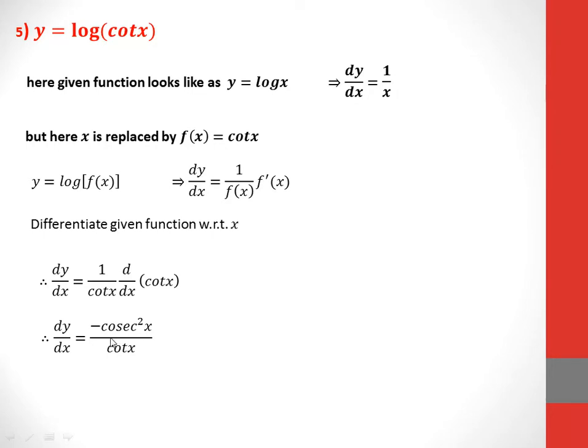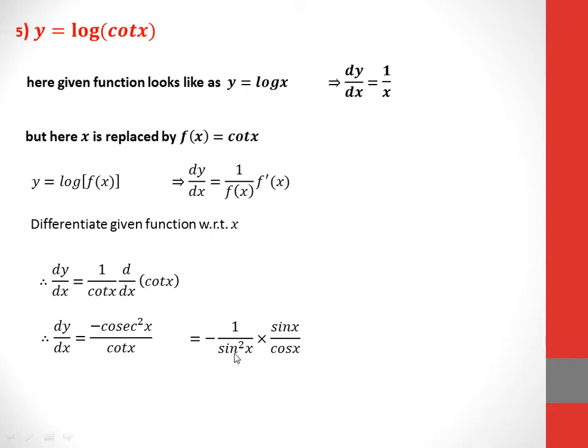Now this can be further simplified by using the relations between trigonometric functions like this. See here, minus cosec square x can be written as minus 1 upon sin square x, into cot x, means in the denominator it is cos x upon sin x. We can write it as into sin x upon cos x.